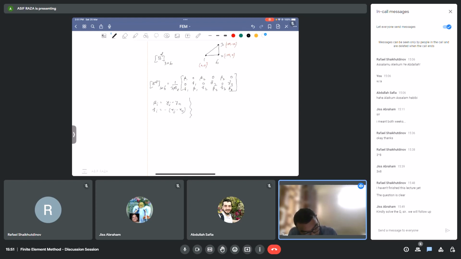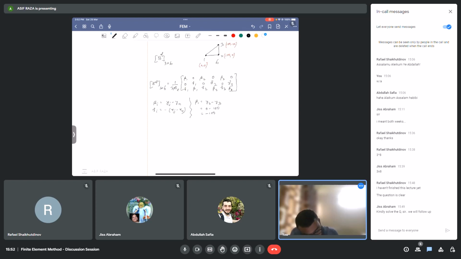So with this, beta 1 would be equal to y2 minus y3, where y2 is 0 and y3 is 100, so this is minus 100.